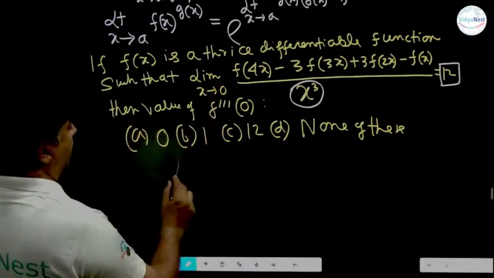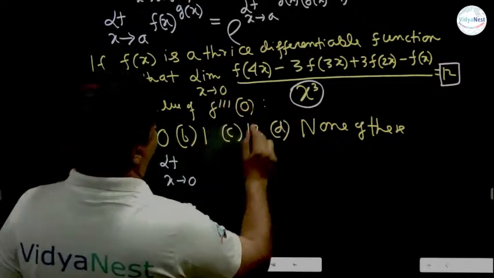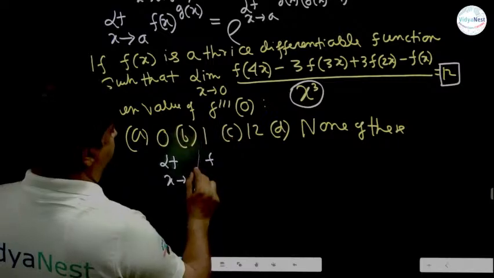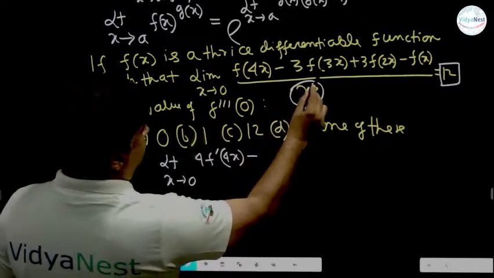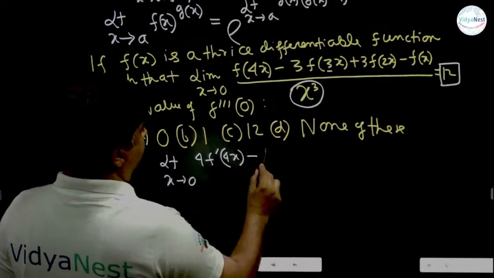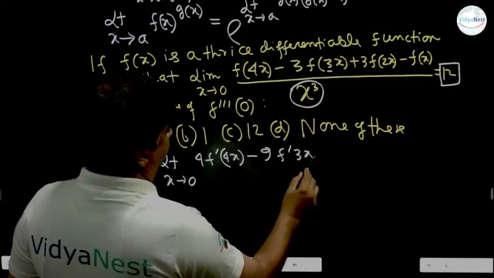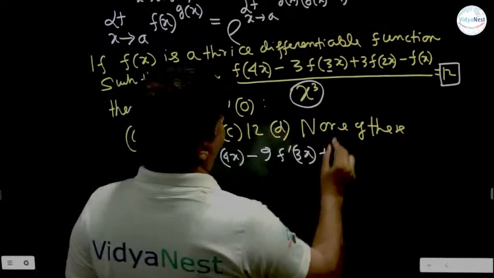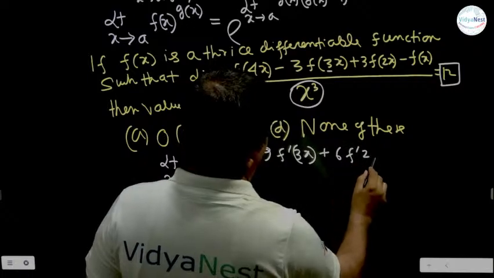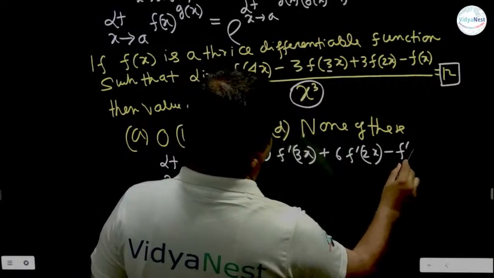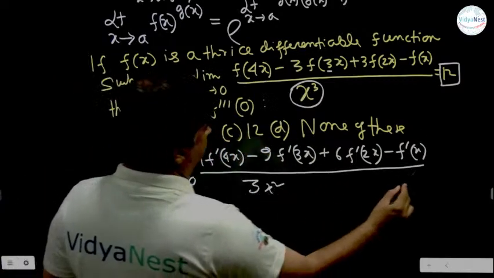How? You differentiate the numerator, you will get 4f dash 4x minus 3 times 3, that is 9 f dash 3x plus 6 f dash 2x minus f dash x, by 3x square is equal to 12.